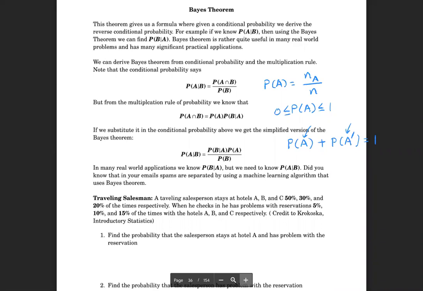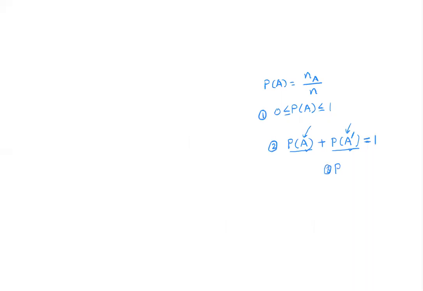So if A is the event that something has happened, A complement is the event that it did not happen. So the probability of event A plus the probability of A complement is always equal to 1. And then also the probability of the sample space. I could label them 1, 2, 3. The probability of the sample space is always 1, right?